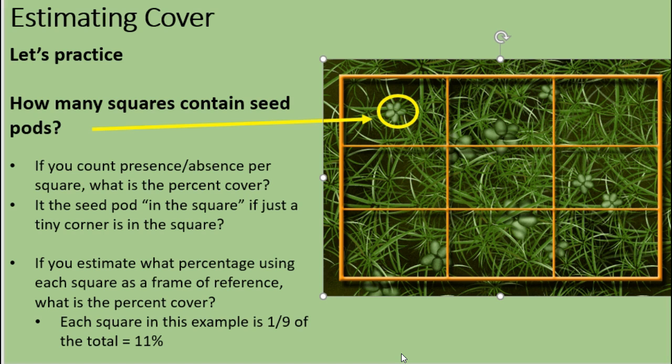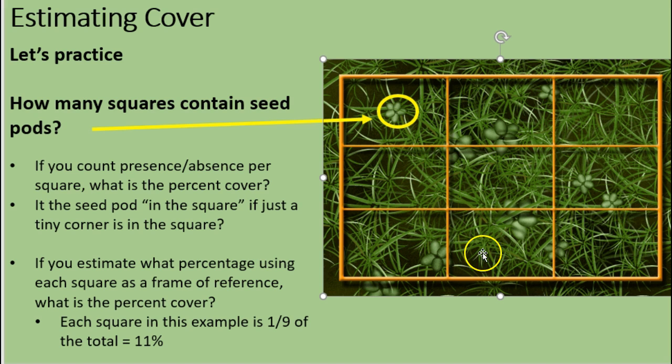If you estimate what percentage of each square is covered, using each square as a frame of reference, then you're asking what is the percent coverage averaged across the squares within the larger quadrat. So in this example, there are 9 squares, so each square is approximately 11%.